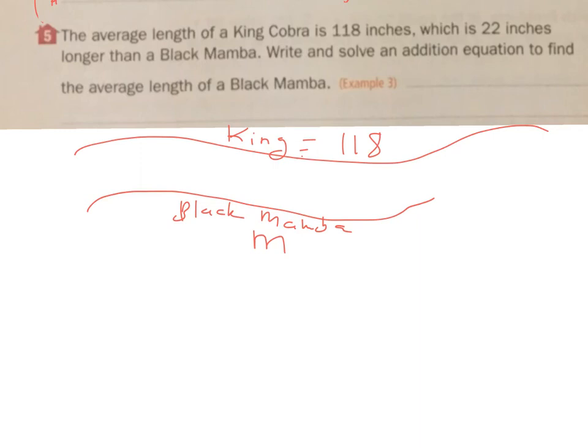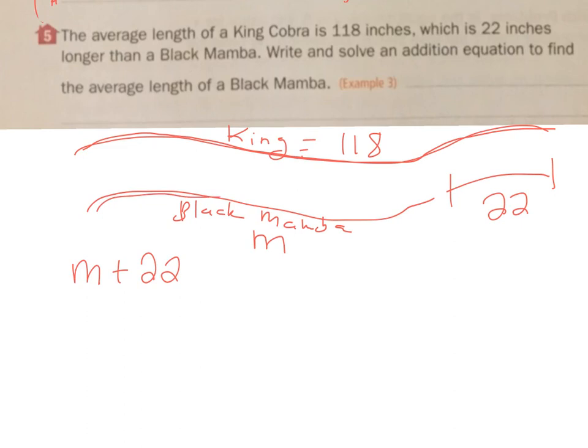We know that from here to here is 22 inches. Because that's how much, if I add 22 inches to the black mamba, I will get the total length of this big old king cobra. So what I have is I can write an equation here. M plus 22, this right here, plus this right here, is going to equal a total of 118.